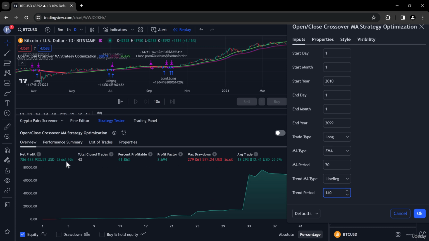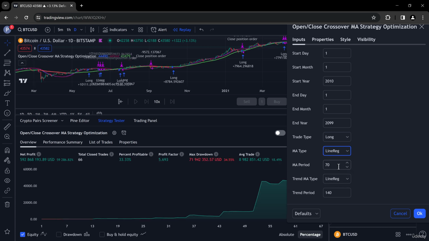Now, we have 78, right? And let's see if we can improve this net profit by changing the MA type. Let's change the MA type to linear regression, for example, right?